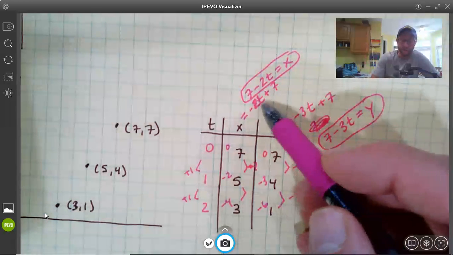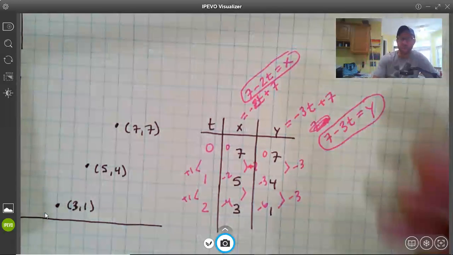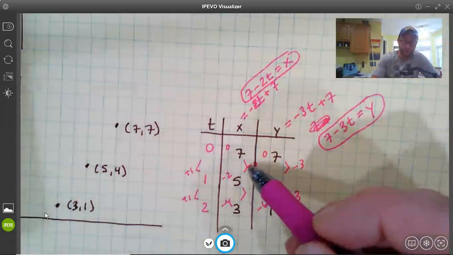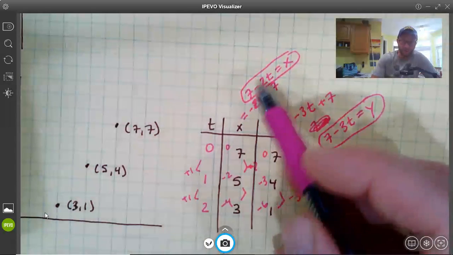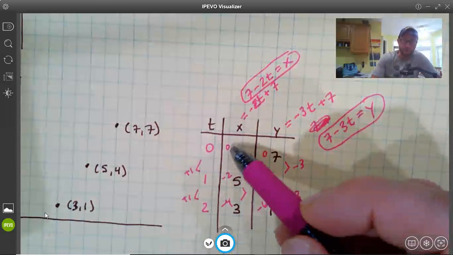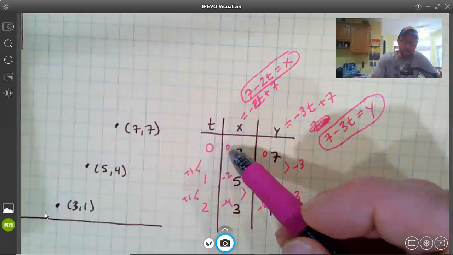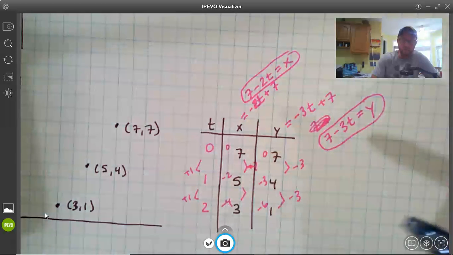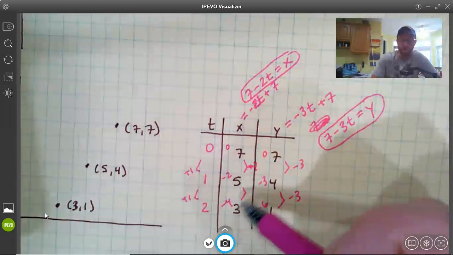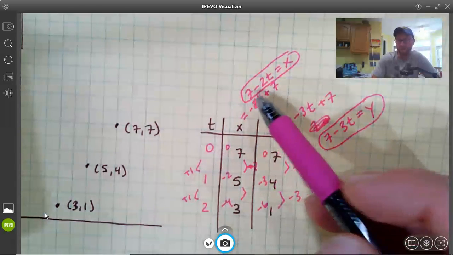Then you have to add or subtract something to adjust. So I knew this was negative 2 over 1, so I knew our coefficient of t was negative 2, but negative 2t would output 0, negative 2, negative 4. I don't want those. I want 7, 5, 3, so I had to adjust by adding 7.